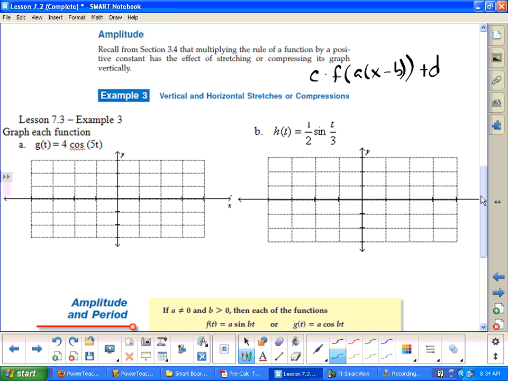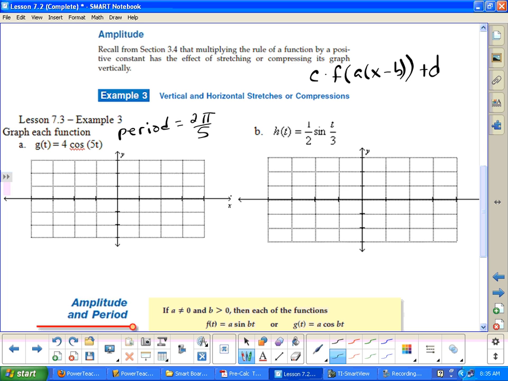So how long is one cycle for this graph, for A? How long is one cycle? No, it's not pi. Okay. We can find the period. One cycle is the period. So the period here is 2 pi over 5.